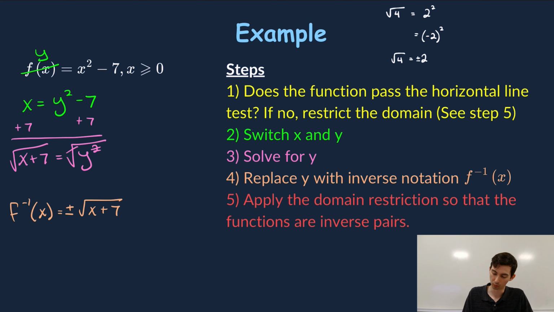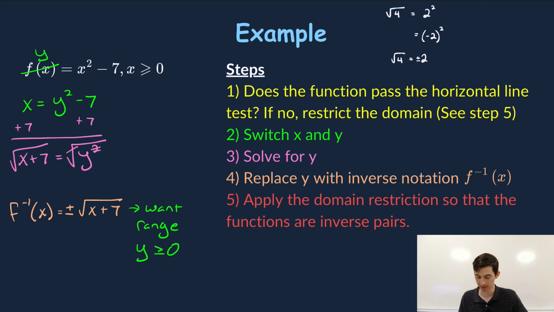But now we want the range, if we switch, our x is domain. So now we want to find the range that has y greater than or equal to 0. So we need to figure out of these two graphs, which one has this range. So I'm going to go back to Desmos now, and we're going to look at this.